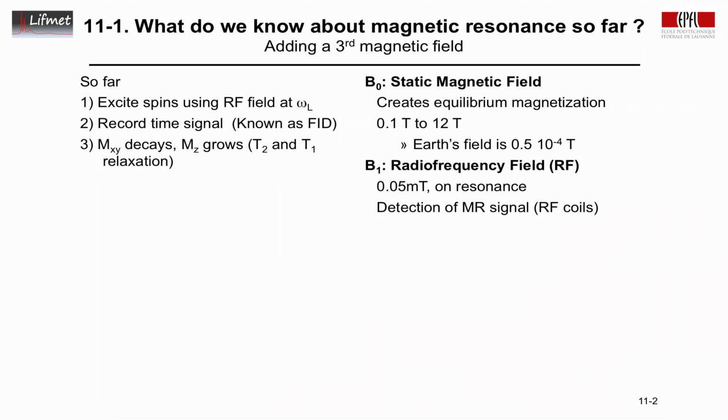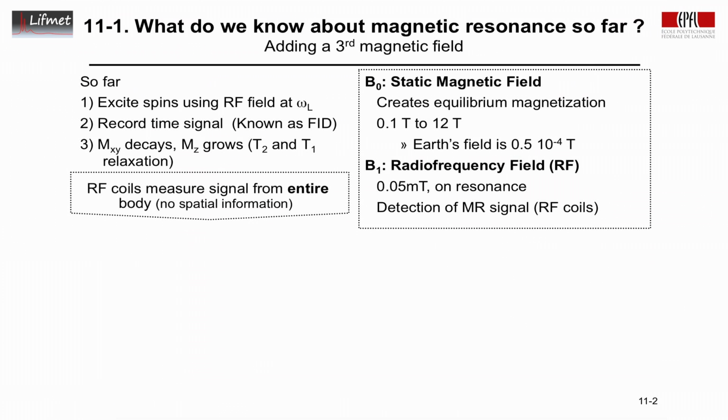So the detection of the signal, the FID, is also done with the RF coils. So both the excitation, the production of the B1 radio frequency field, and the detection of the signal are done with the same piece of hardware. So this is what we've had so far with magnetic resonance. We have seen that the RF coils are used to measure the signal from the entire body.